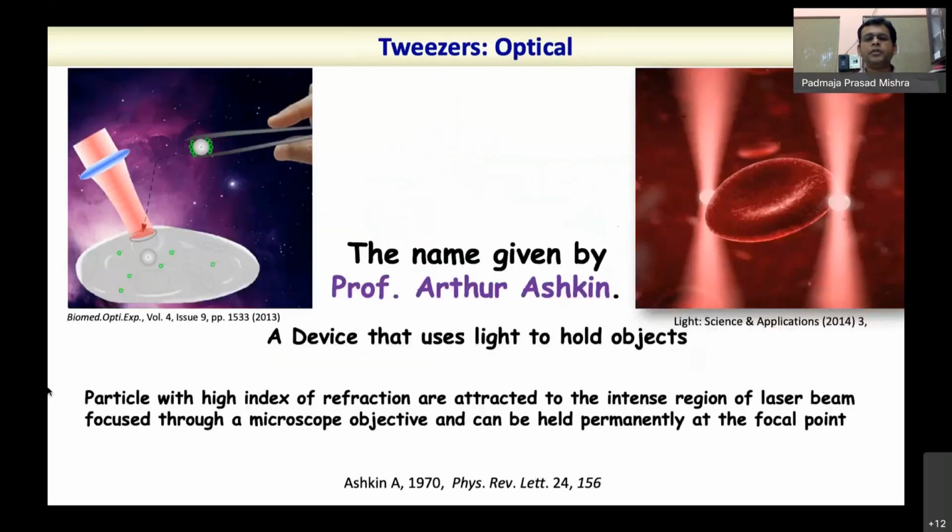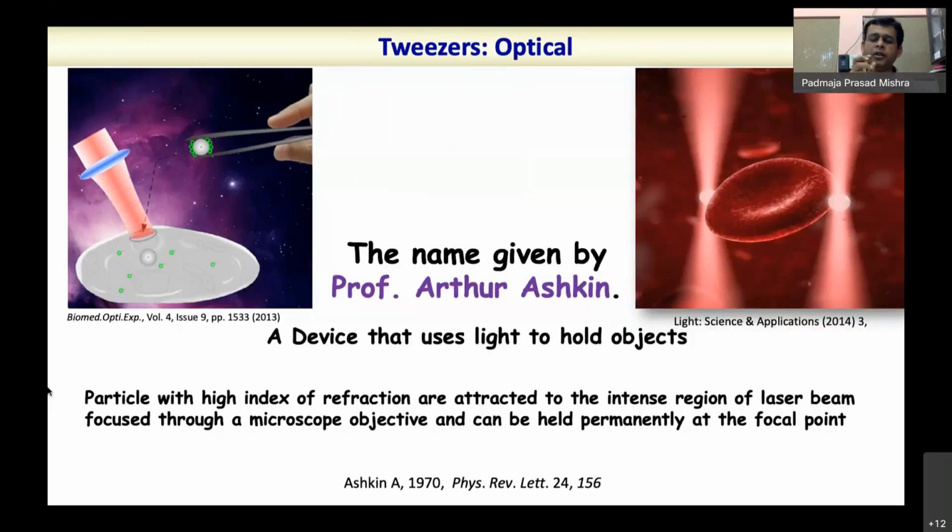The first concept of the optical tweezer came from Professor Arthur Ashkin, and he proposed that he can make devices that can hold objects by using light. If there is a refractive index mismatch between the incident radiation and the object, that light is capable of holding that object.